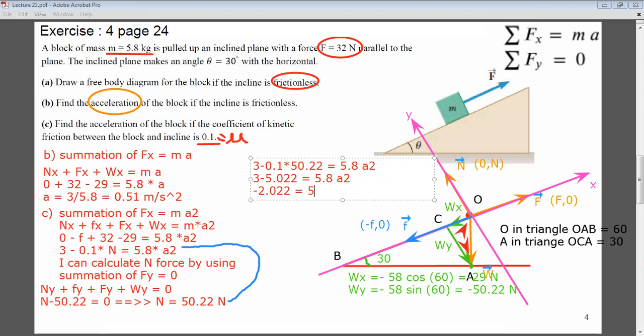This is equal to 5.882 A2, and you get A2 is equal to minus 0.35 meter per second squared.